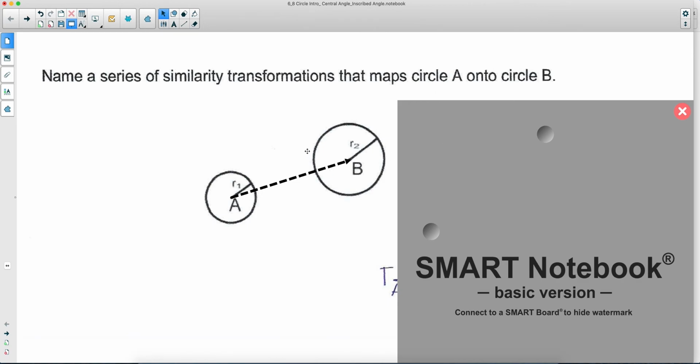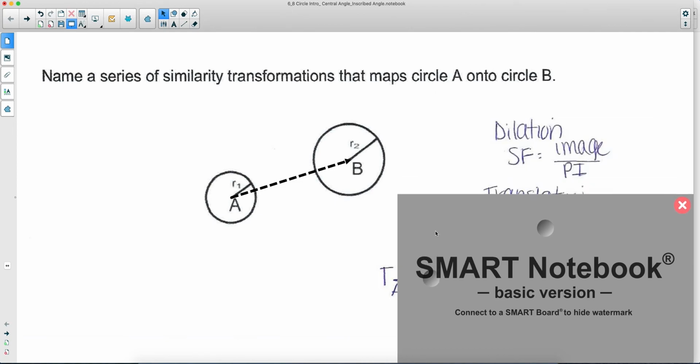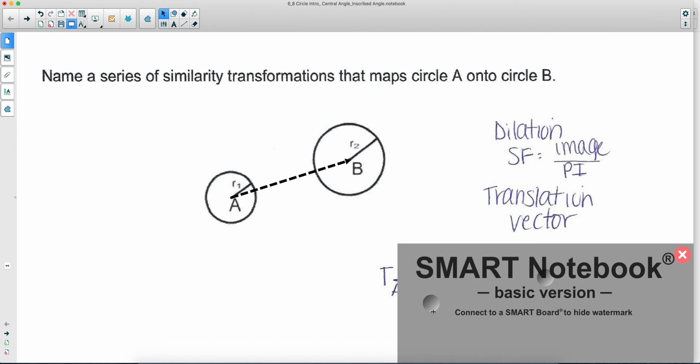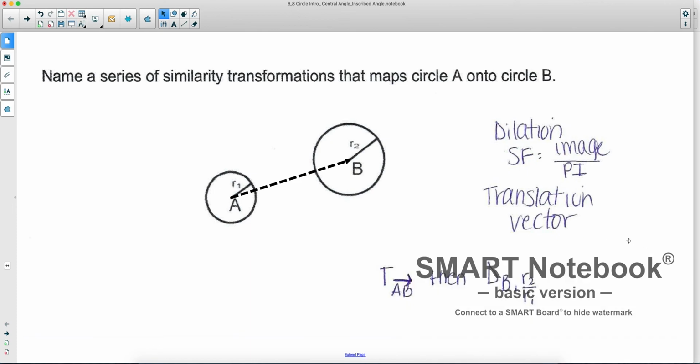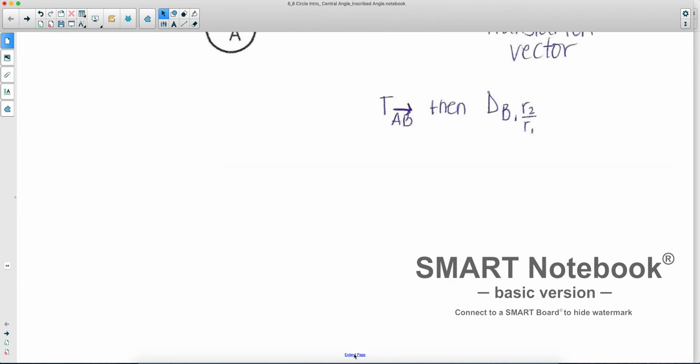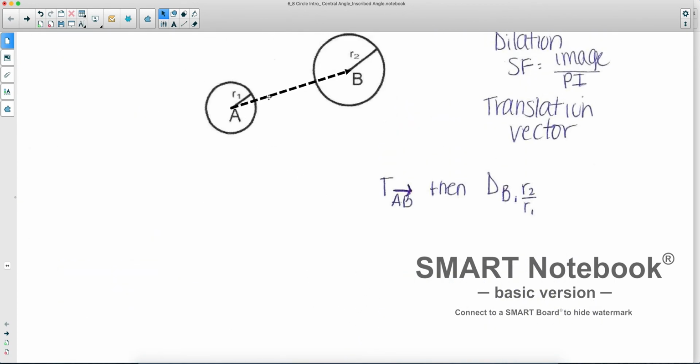We need to dilate, and remember, when we dilate we use a scale factor. Our scale factor here is image over pre-image. So take a look at what we have. We're going to dilate with a scale factor, and then translate along the vector. Our translation is along this vector AB.